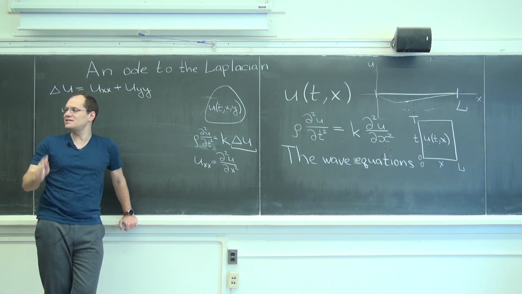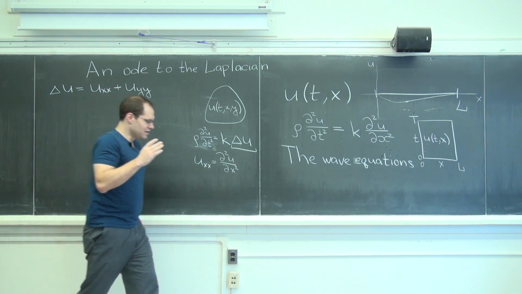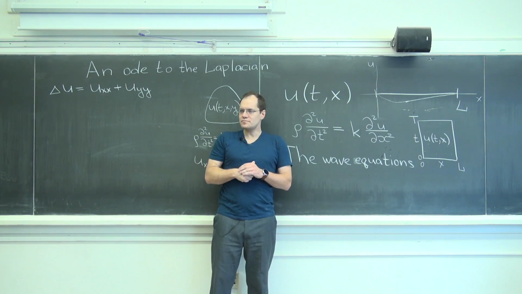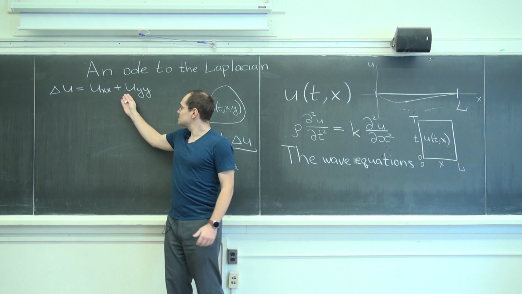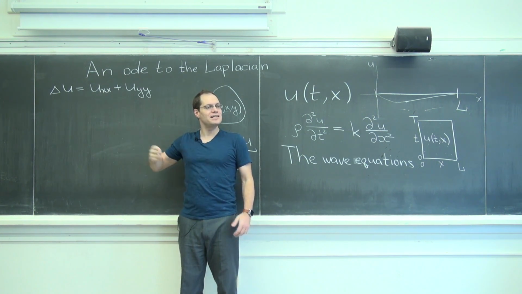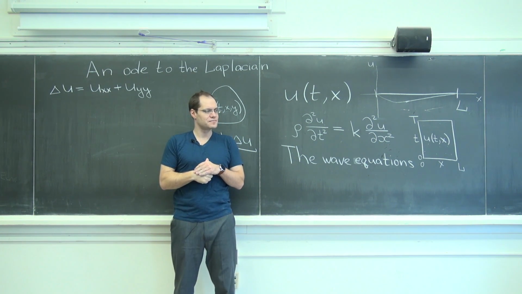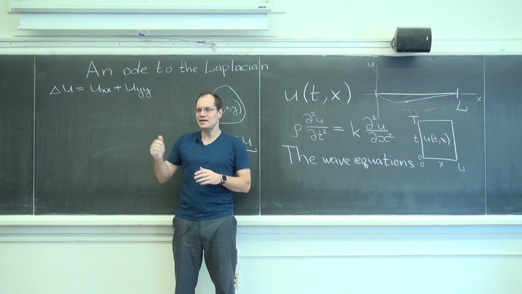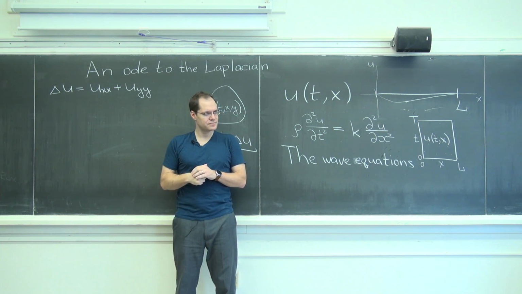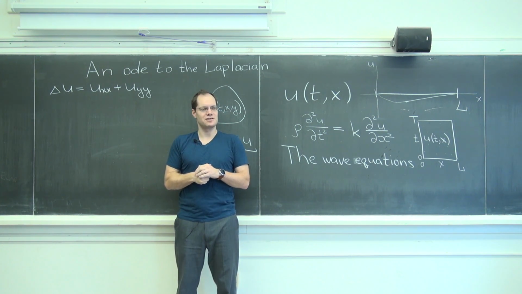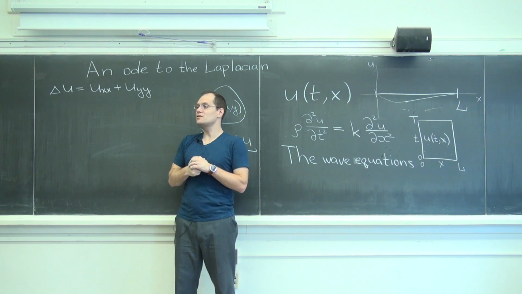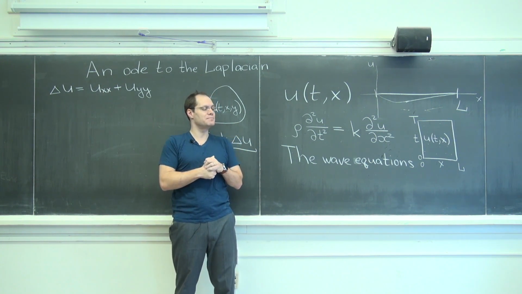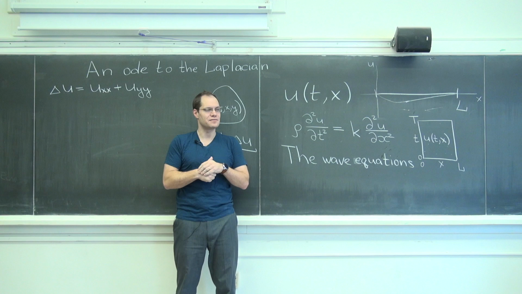What you basically need to do is to be able to say what this expression represents in a way that doesn't include coordinates. You just have to say, it's this, geometrically. So let me tell you what the Laplacian measures, and then we'll derive it.